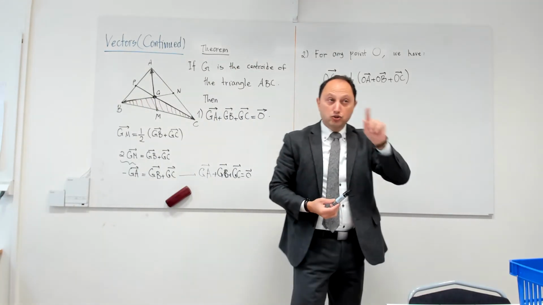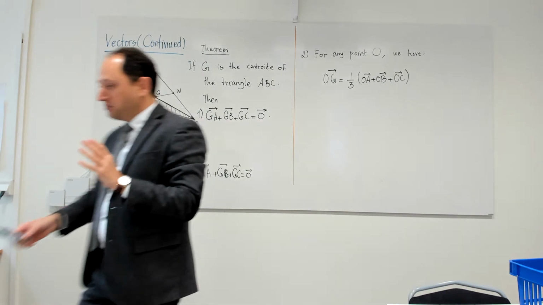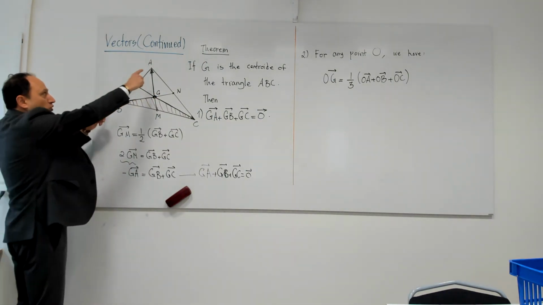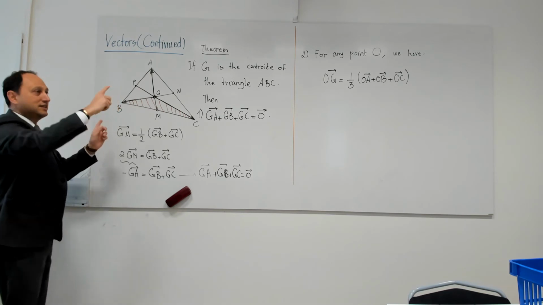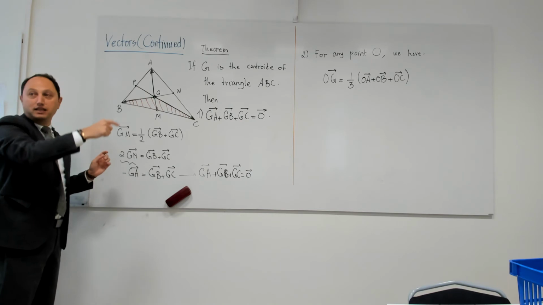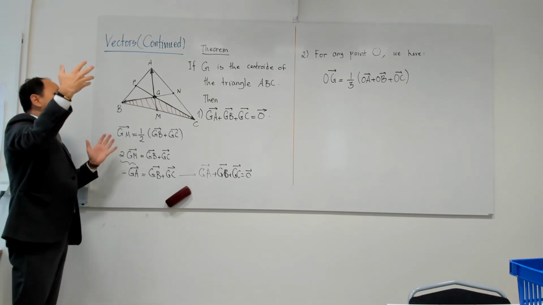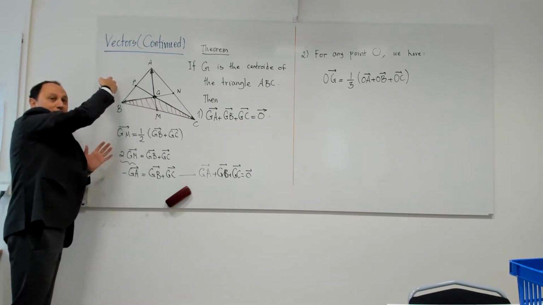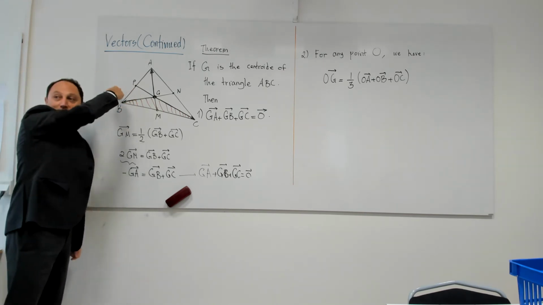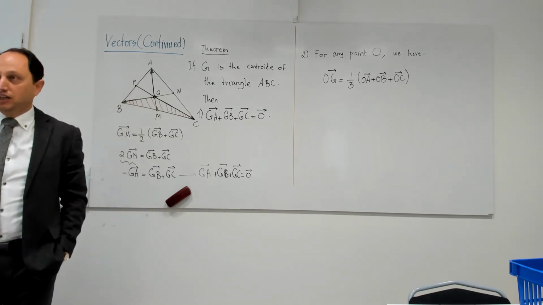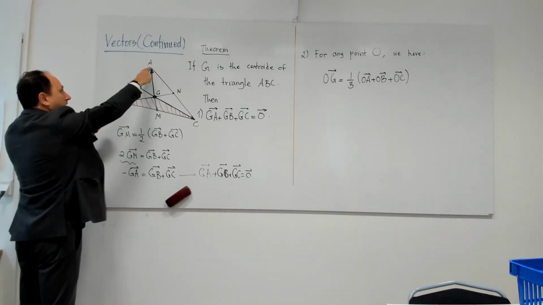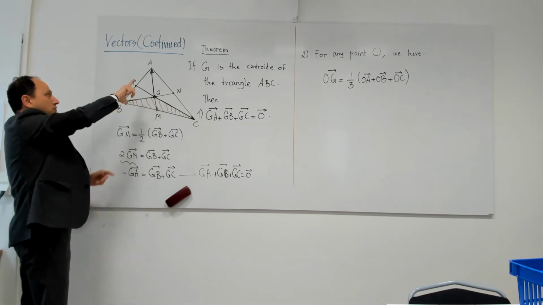I think it shouldn't be hard to realize. It's good to have this imagination. For example, just consider OA and OB. This is OA, this is OB. If I want to add them, I need to make a parallelogram which goes inside the board, and then find the other diagonal which points inside. Just by imagination, from O to A and from O to B, it would be something like this.